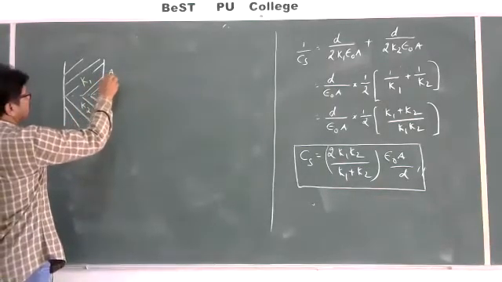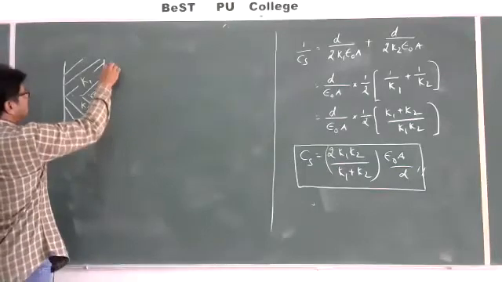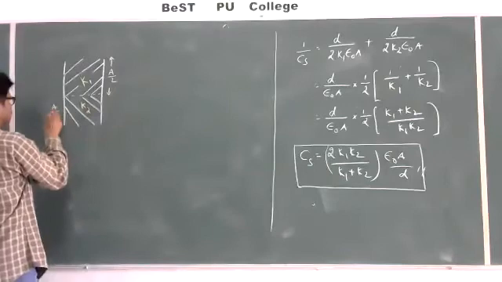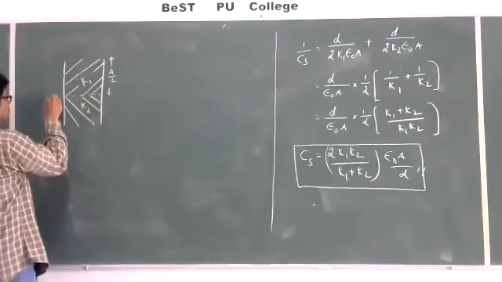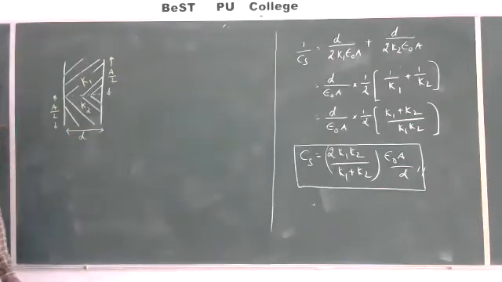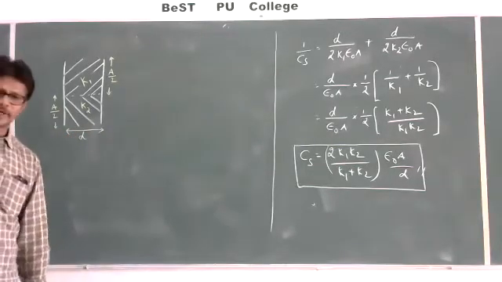So half of the area of this is A by 2 and this is also A by 2. But the distance between the two plates is D only.